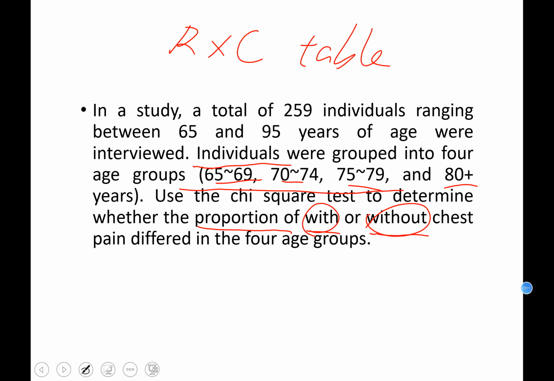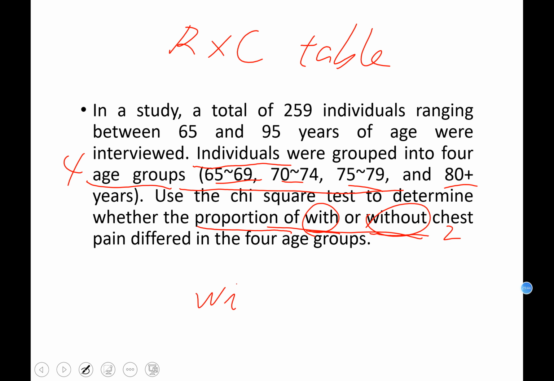So here, most often, we list the group in rows, but in this question it's different. We list the smallest number in the rows, and we can find that this level is 4 and this level there are 2 levels, so we list with and without in the rows.